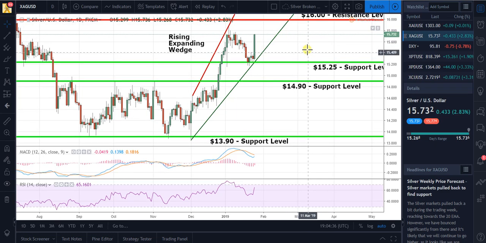Now, the reason why silver broke to the top so convincingly through the falling expanding wedge and on higher was because of a news article that came out from the Wall Street Journal that said that we should expect a more dovish Fed in the future. They have a meeting on January 29th and 30th.